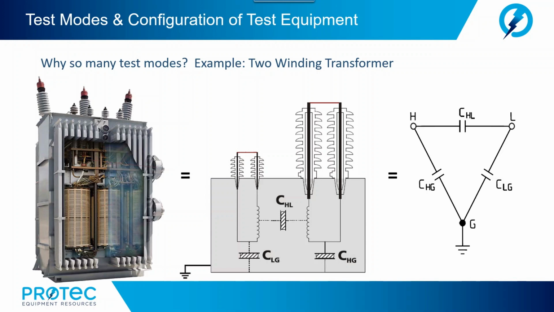We have capacitance high to low, capacitance high to ground, capacitance low to ground. So in this complicated insulating system, we're going to see how the various test modes allow us to isolate, troubleshoot, and try to determine where the insulation failure or breakdown is occurring.